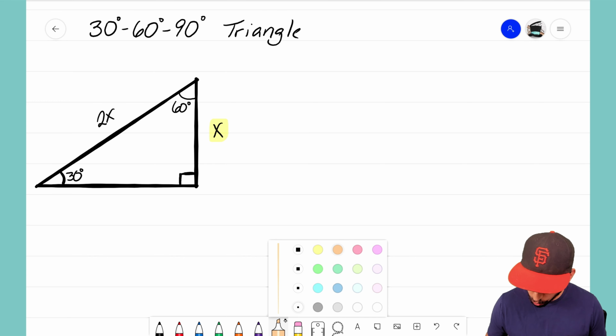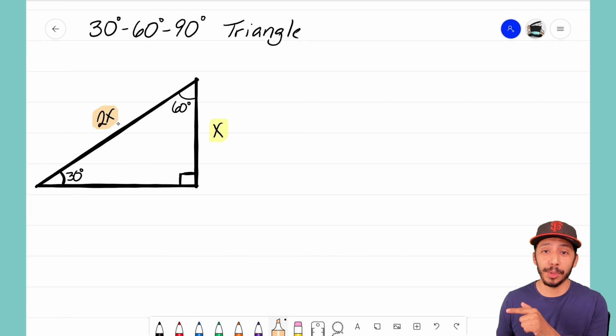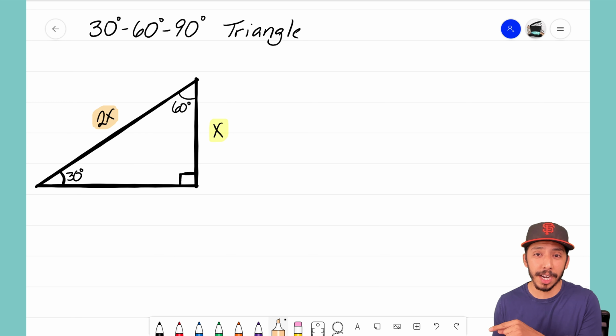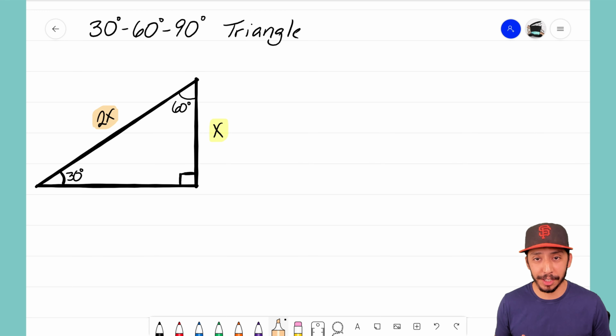So no matter what your short leg is, you can find the hypotenuse just by taking that number and multiplying it by 2. Again, this only works for a 30, 60, 90 right triangle, but you will see that relationship will always appear for this specific triangle.